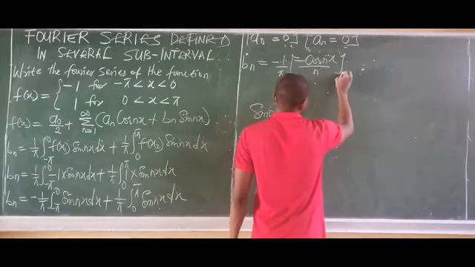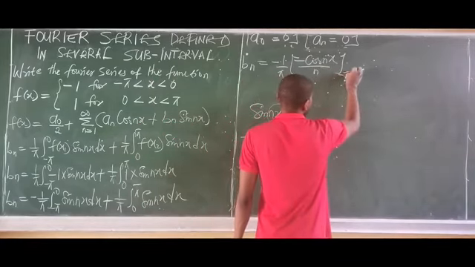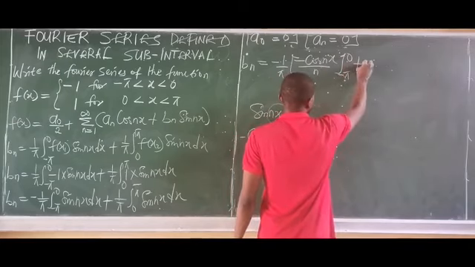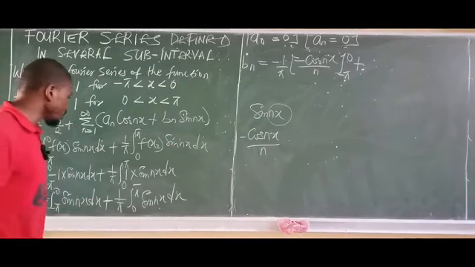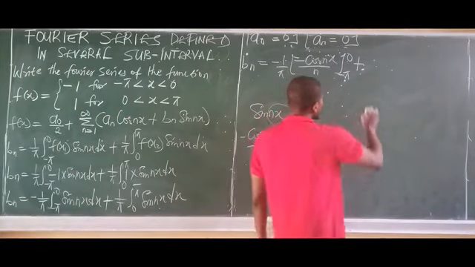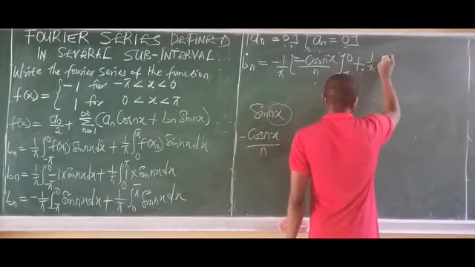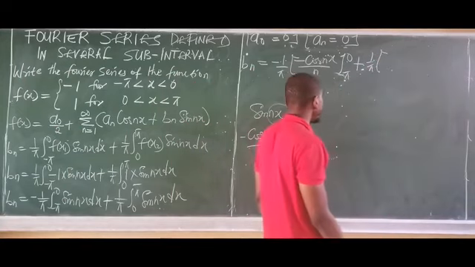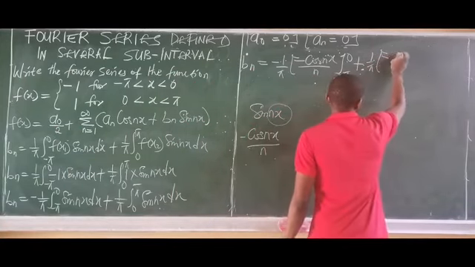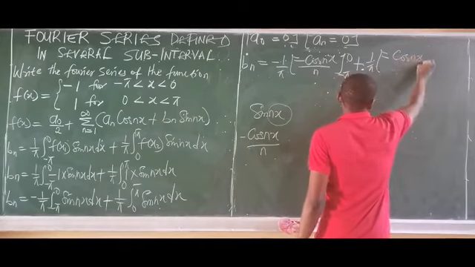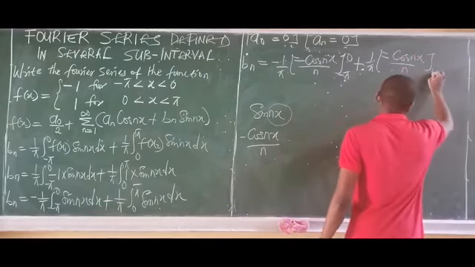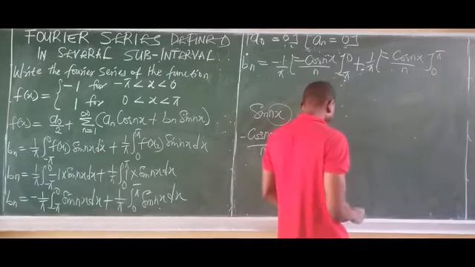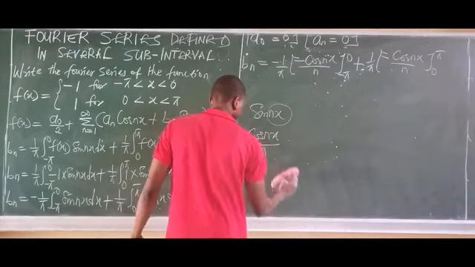Put in your limits now from minus pi to 0, plus the second function, which is 1 all over pi integral of the same variable sine nx dx, which still gives us minus cos nx all over n, putting your limit from 0 to pi. All right.